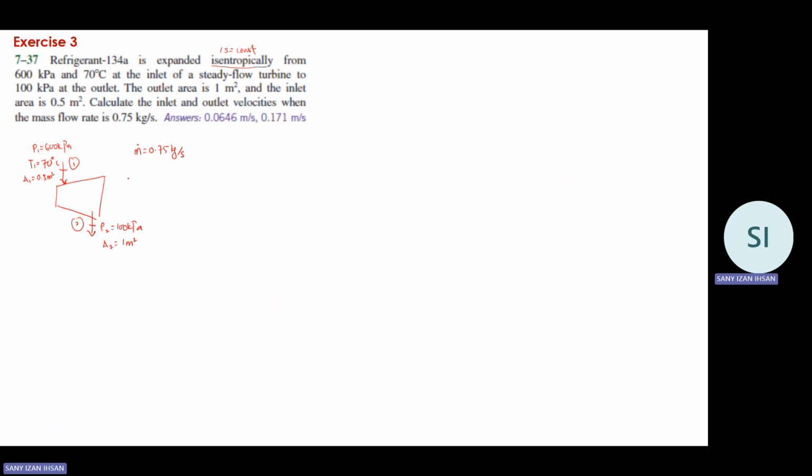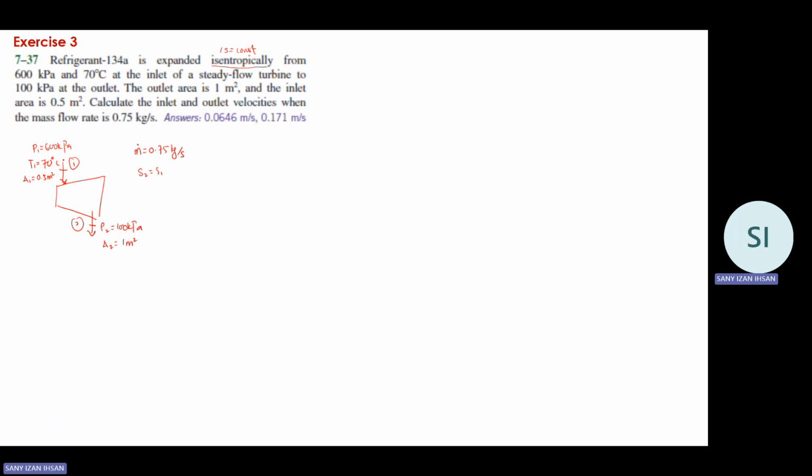All right. And also we mentioned that already, isentropic, so S2 equals to S1. Okay. So this can describe the process. Calculate the inlet and outlet velocity when the mass flow rate is 0.75.